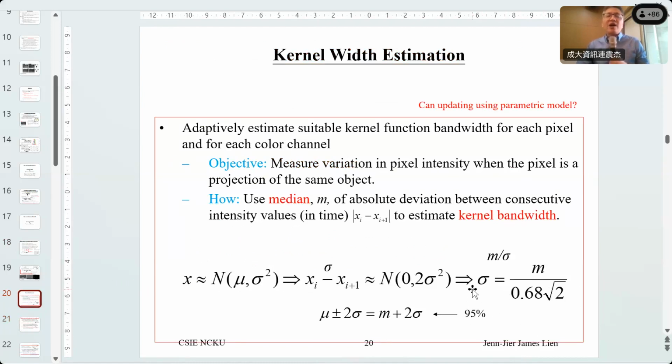Okay, so the final one is, how can you calculate the standard deviation? But we cannot use the equation. I mean the standard deviation equation, we cannot use that one. So one method they do is this one is a median result. Okay, and because they assume the Gaussian distribution, one-time Gaussian distribution takes 68%.